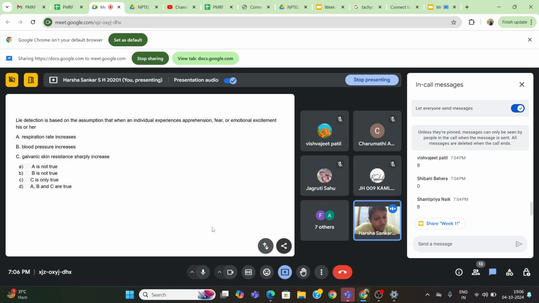Last week also we saw a similar question, and that time I gave a clue. The answer is that every option is true: option D. Respiratory rate increases, blood pressure increases, galvanic skin resistance sharply increases. So a lie detector is based on all these.